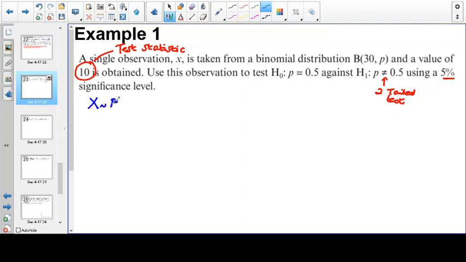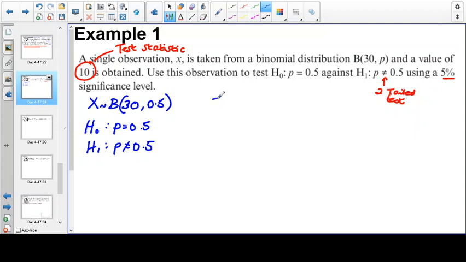Let's write a few things down. X is distributed binomially, number of trials 30, probability of success is 0.5. H0, P is 0.5, H1, P is not 0.5.